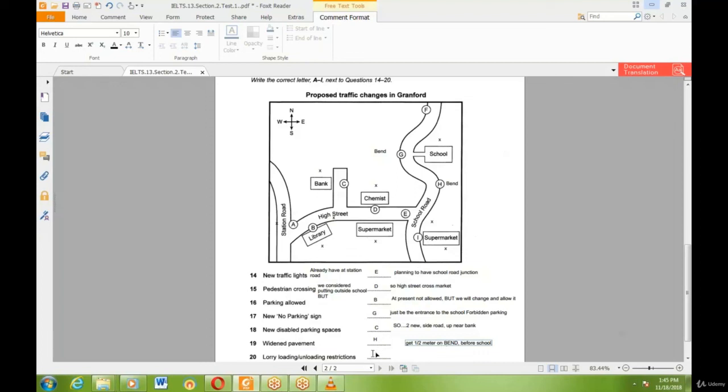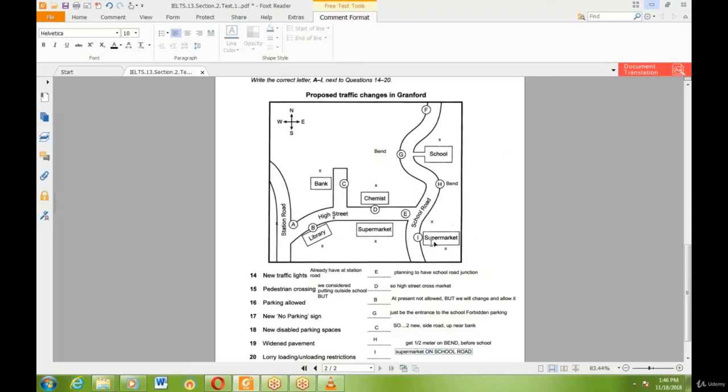Number 20. Number 20 is I. And what did they say? Supermarket on School Road.